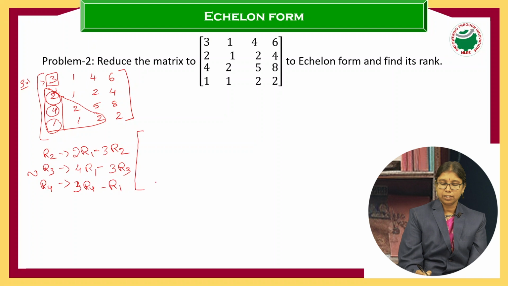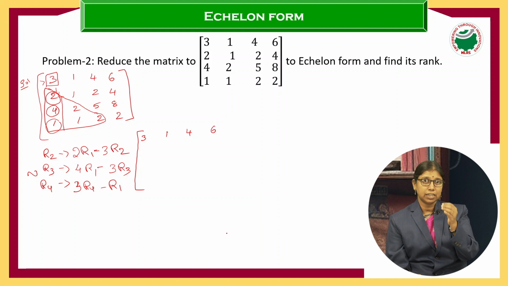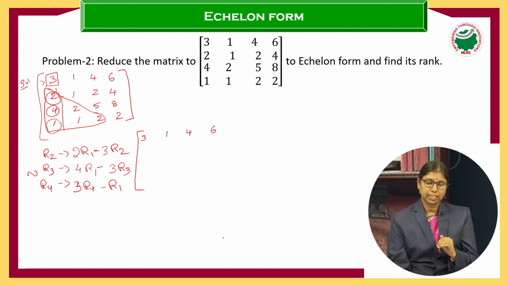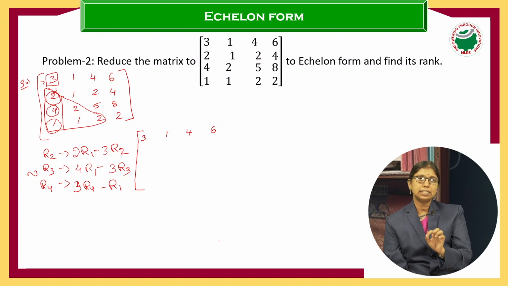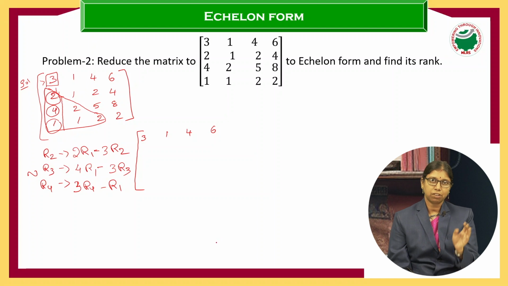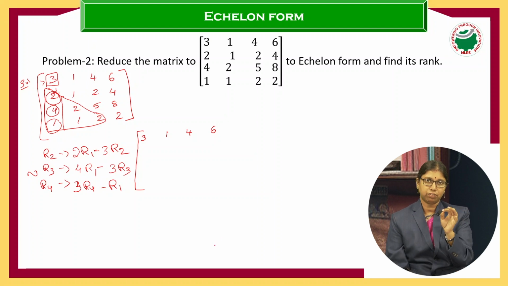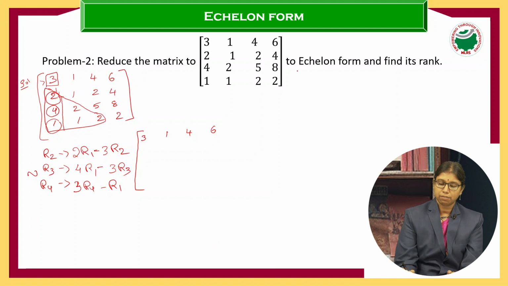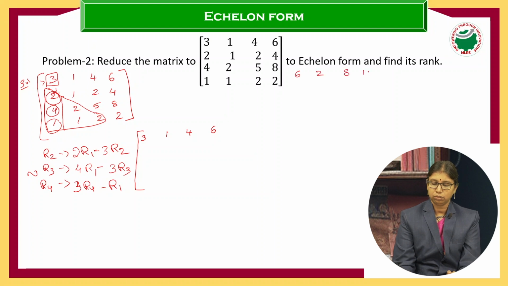Now, write down the matrix. We are not changing the first row. Your first row is 3, 1, 4, 6. Next, how are you changing the second row? What is the operation we are taking here? 2R1 minus 3R2. First, write down 2R1. Multiply the total first row with 2. So, 2R1 means 2 3s are 6, 2 1s are 2, 2 4s are 8, 2 6s are 12.